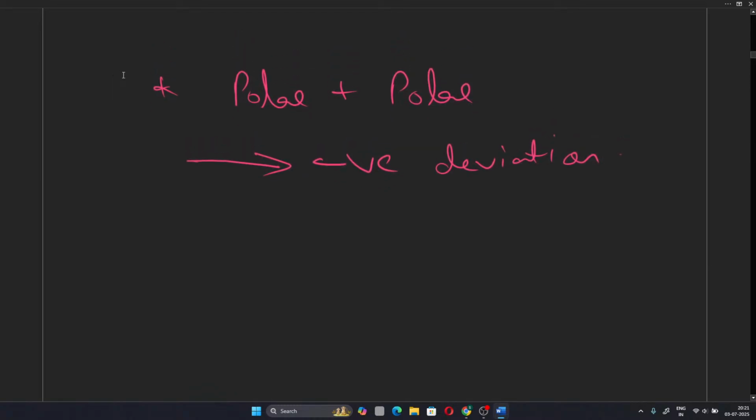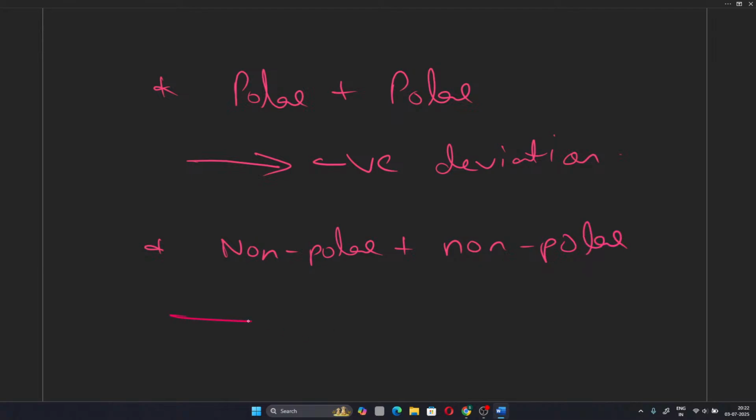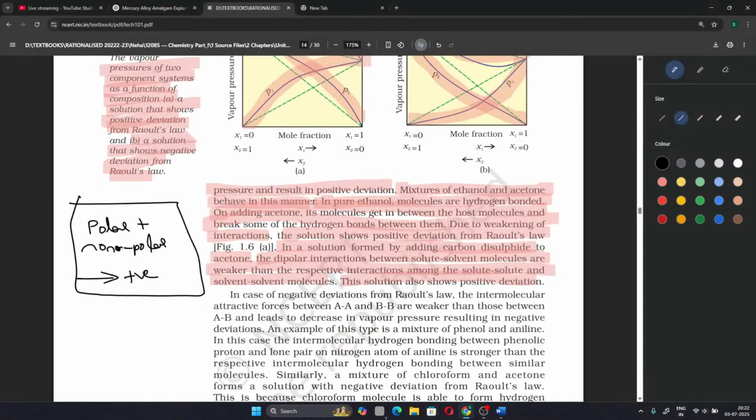And in the case of non-polar and non-polar, we see no deviation. These are somewhat the ideal solutions. In the case of benzene and toluene, those are non-polar and they don't show any deviation.